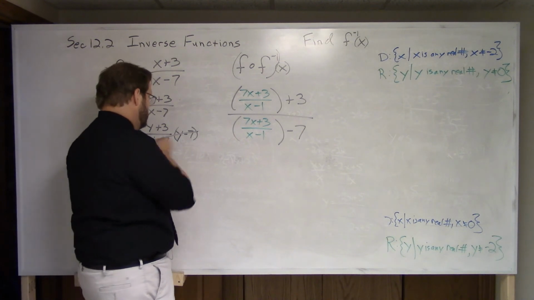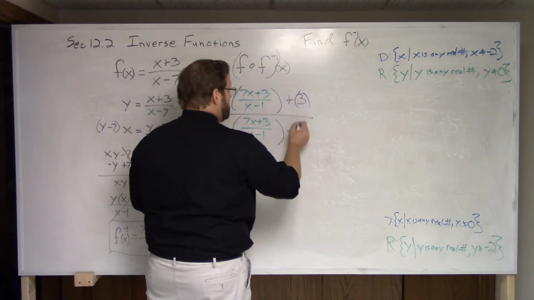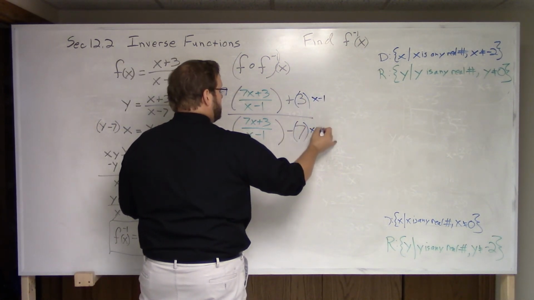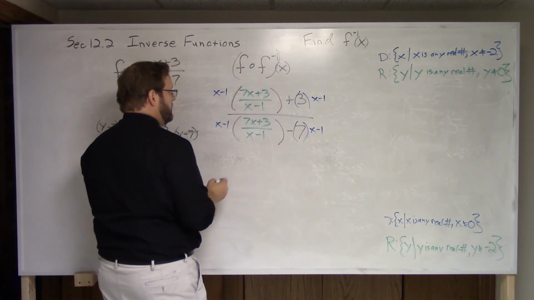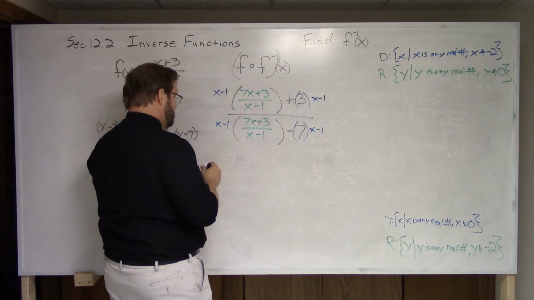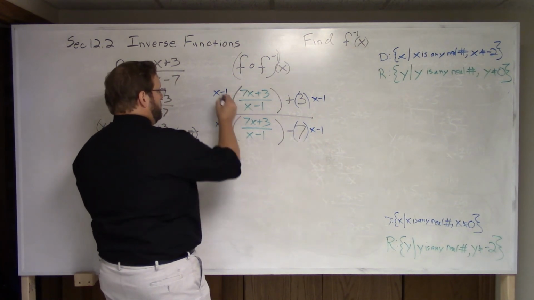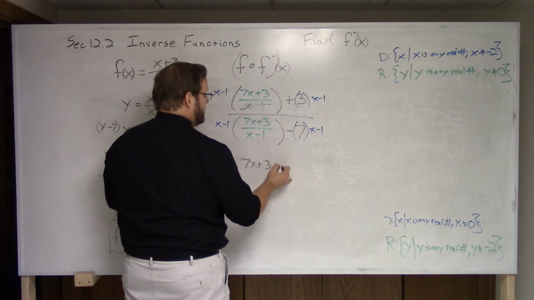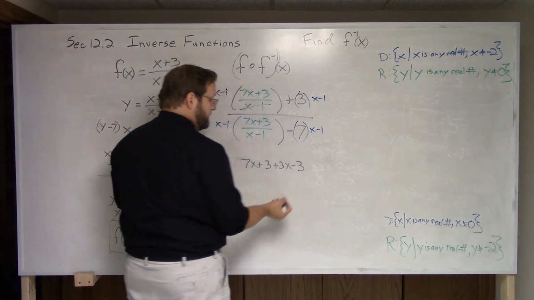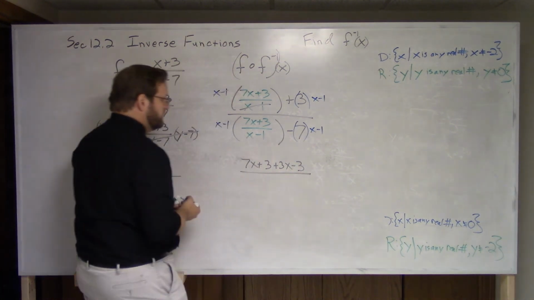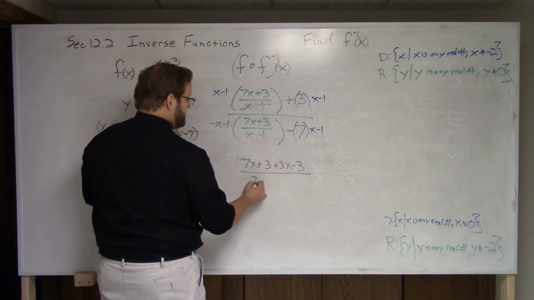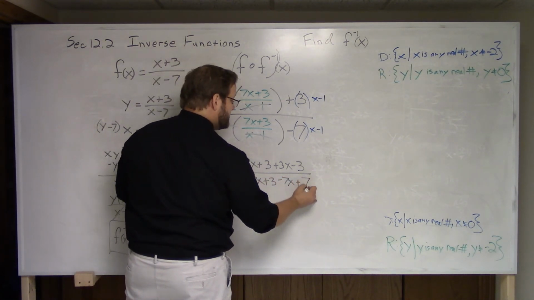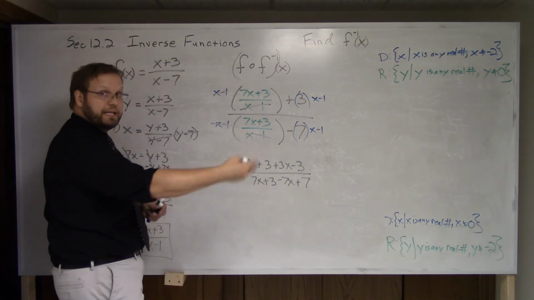So I am going to multiply each of these terms by that x minus 1 LCD. This will cancel. So I get 7x plus 3 plus 3x minus 3 over 7x plus 3 minus 7x plus 7 after I distributed that negative 7.